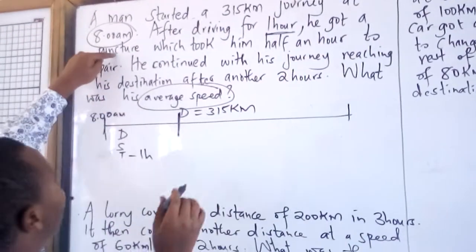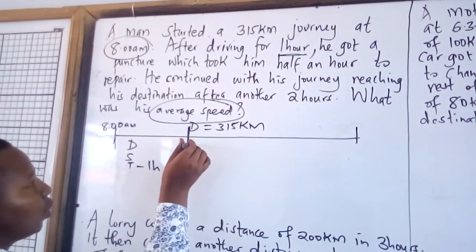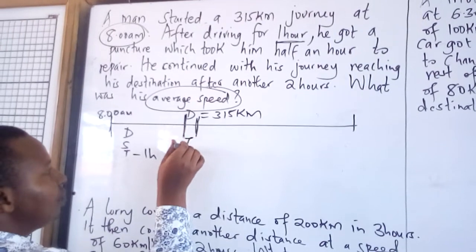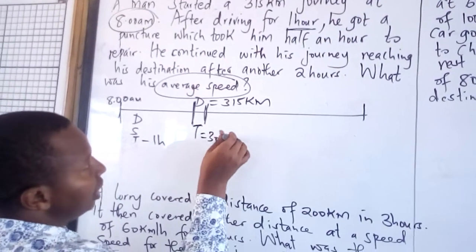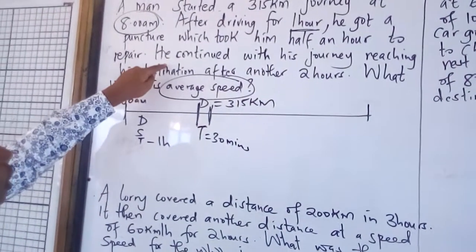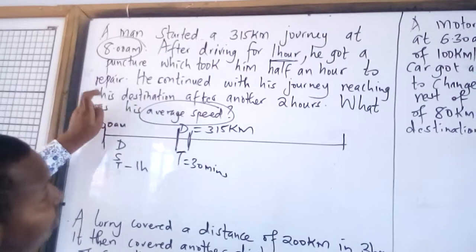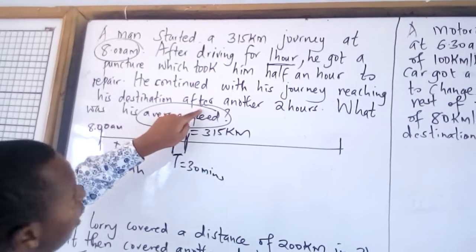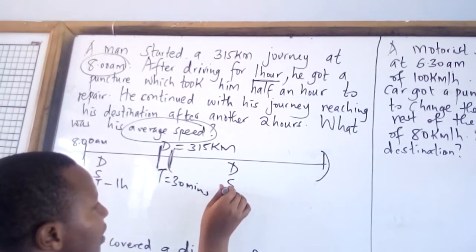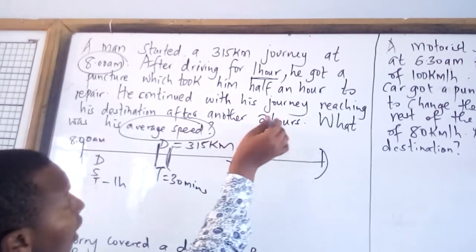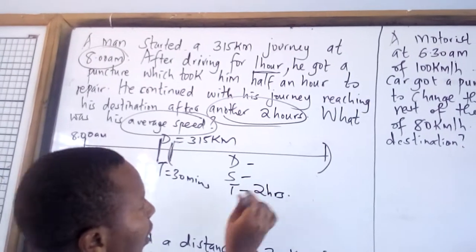He got a puncture which took him half an hour. So there is this time here, resting time, which is 30 minutes. Then he continued with his journey, reaching his destination after another 2 hours. So time there is 2 hours.